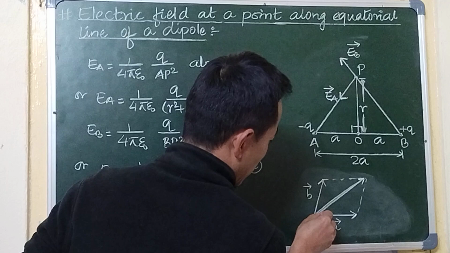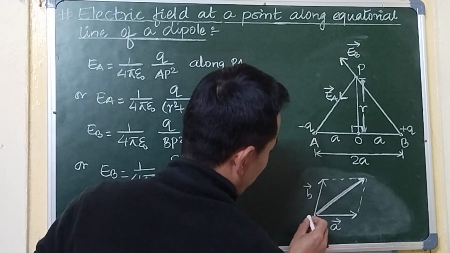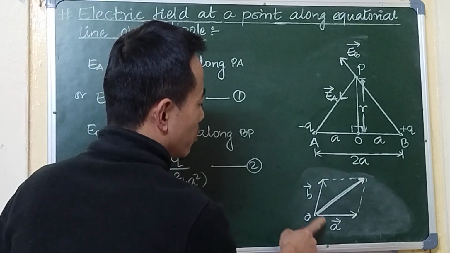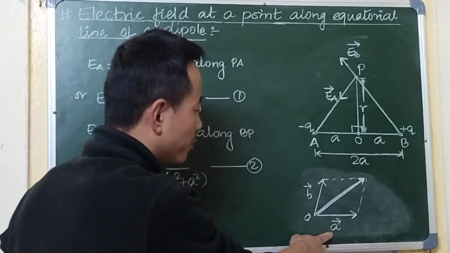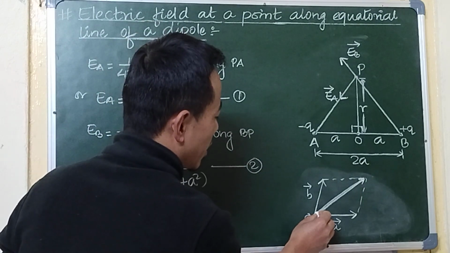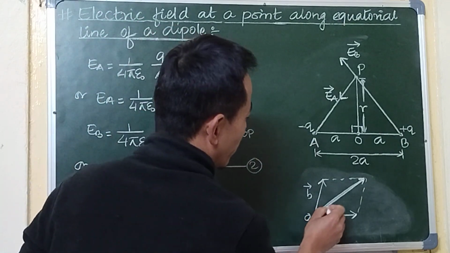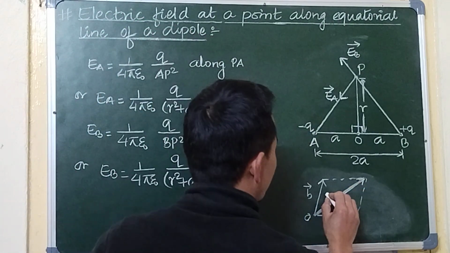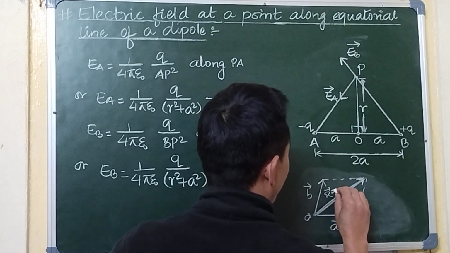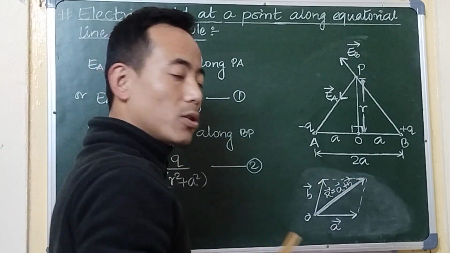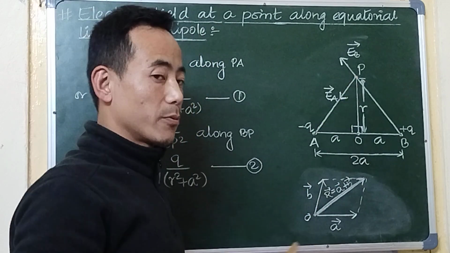For example, let's say we have these two vectors, vector A and vector B, represented by the two sides of this parallelogram here, and they are acting at a point, meaning they have a common vertex. Then the resultant of these two vectors will be given by its diagonal. So this diagonal will give the resultant vector R, which is A plus B vector. So we will use this concept here as well.